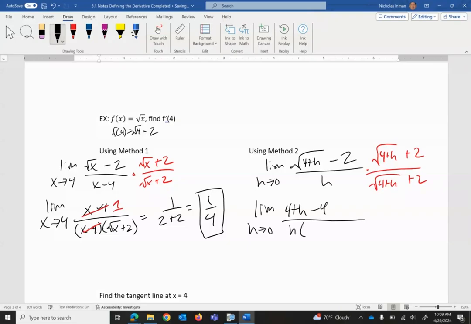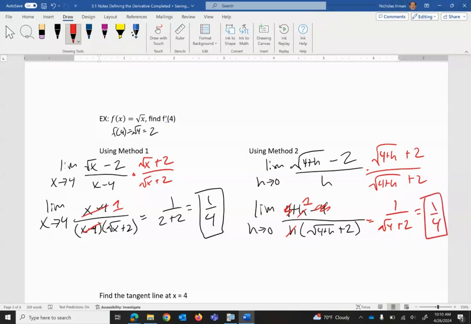On the bottom, we just leave it. The plus 4 minus 4 are going to cancel. The h and the h are going to cancel, reduce to make a 1. So we now have 1 over, I can put 0 in for my h now, the square root of 4 plus 2. Square root of 4 is 2, plus 2 is 1/4.